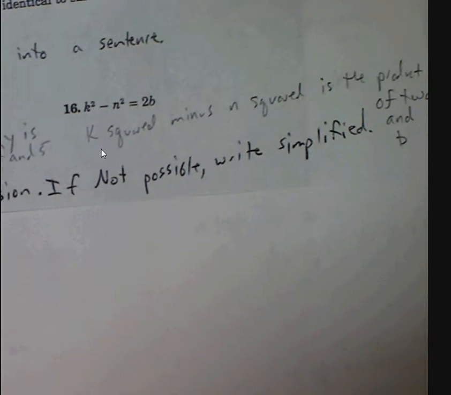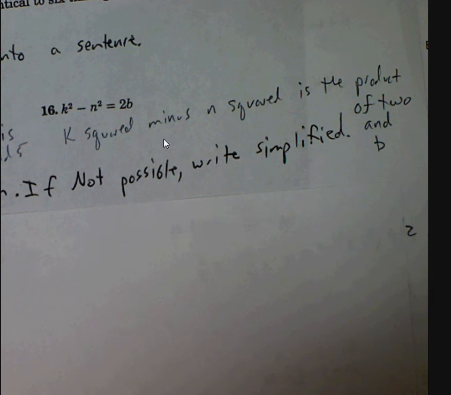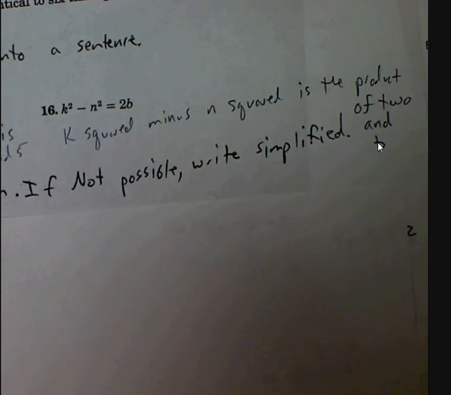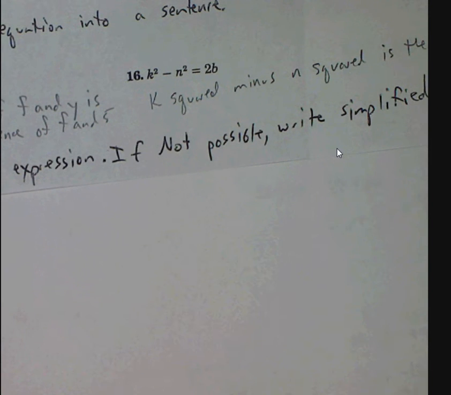Number 16, I have k squared minus n squared is the product, which means multiply, of 2 and b. Yours does not have to be identical to that, but something like that.